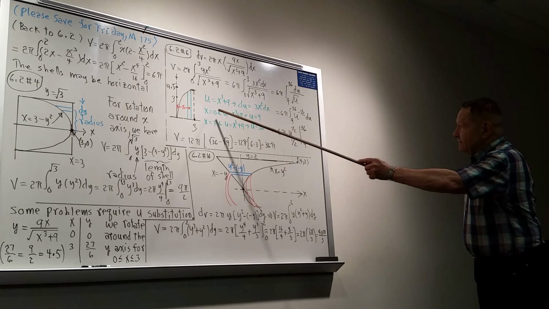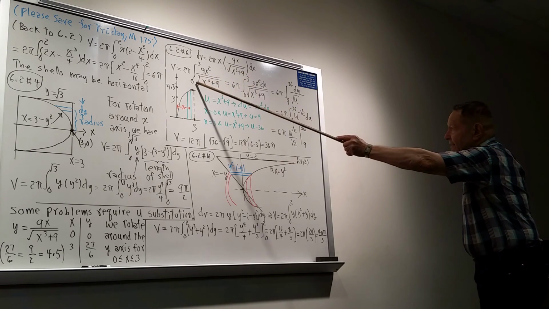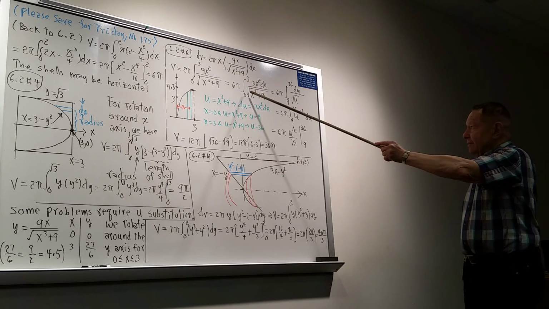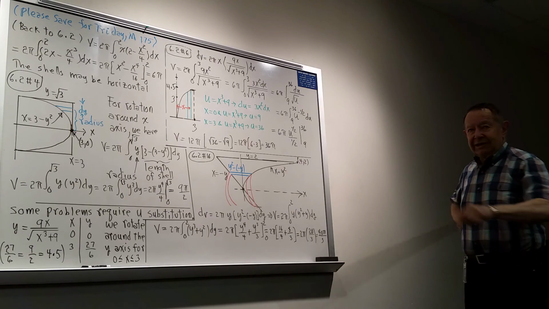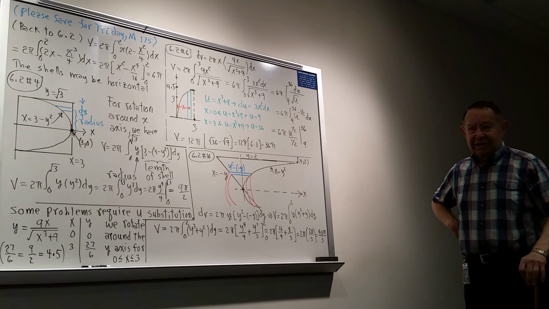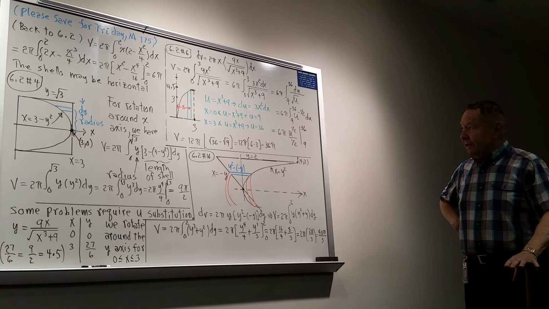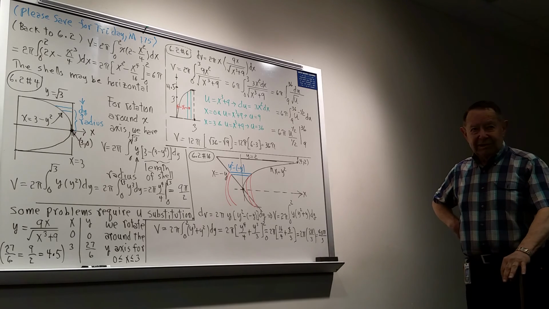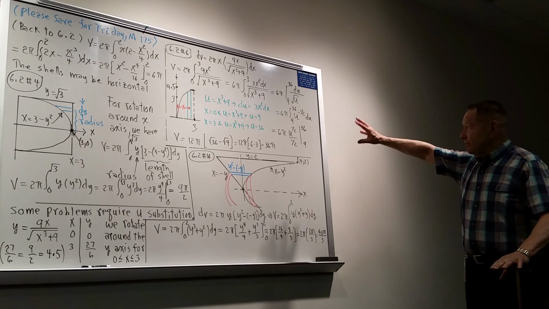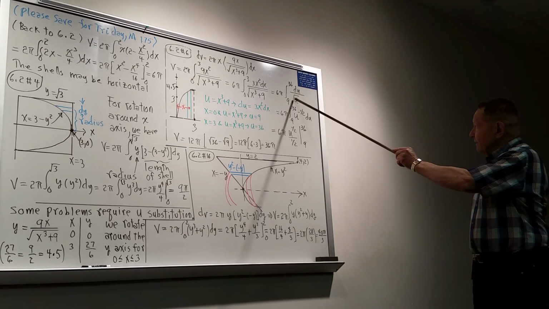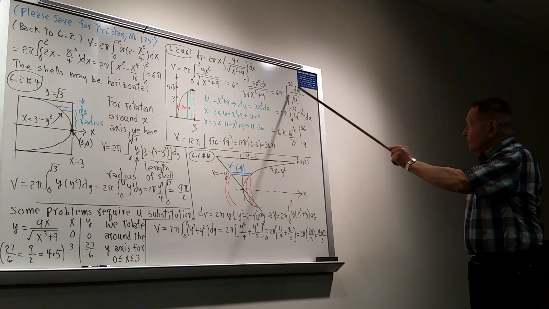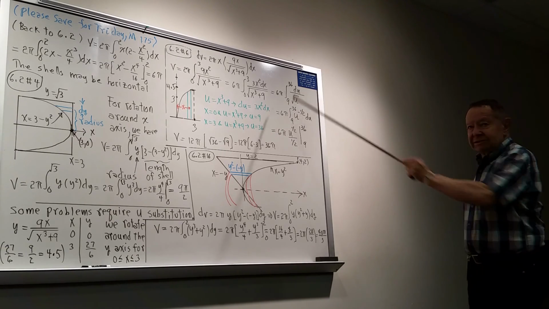And when you have a definite integral, the way that I recommend doing a u substitution problem is to figure out what the limits will be in terms of u, and then rewrite the problem as I have over here, using u and the new limits.